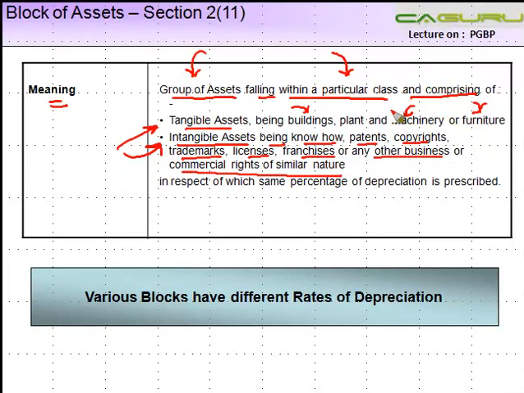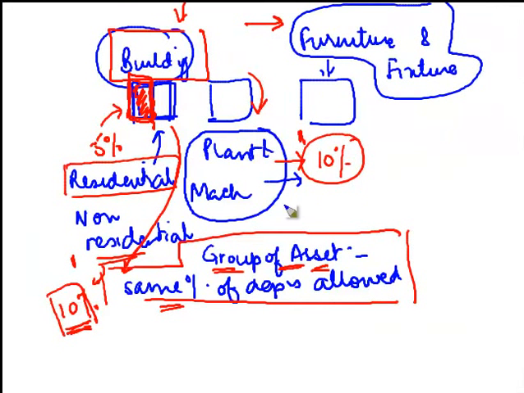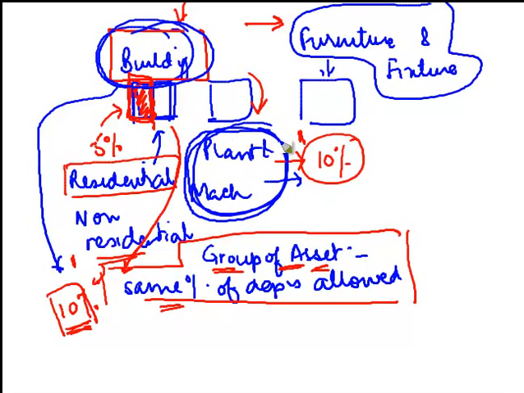The characteristics which run common between them is, one, they form a part of a group of assets, and the second, and this is important, in respect of which the same percentage of depreciation is prescribed. So as I told you, it is important that you fall within one particular group of assets, and within that group, the same percentage of depreciation is provided, right? If you fall under two different groups, building and plant and machinery, even though the rate of depreciation provided to you is common, okay?